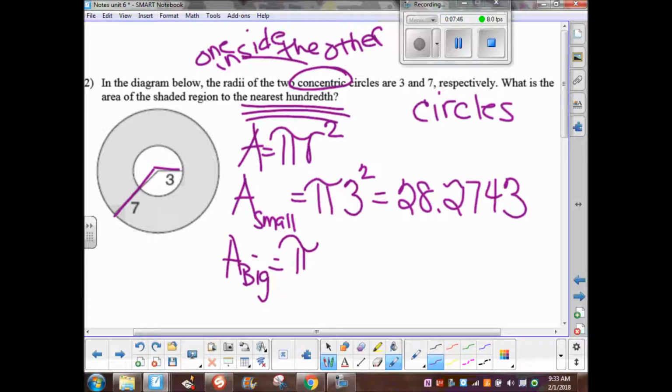Pi times what? Pi times r squared. 7 squared. So go right to your calculator. Pi times 7 squared.